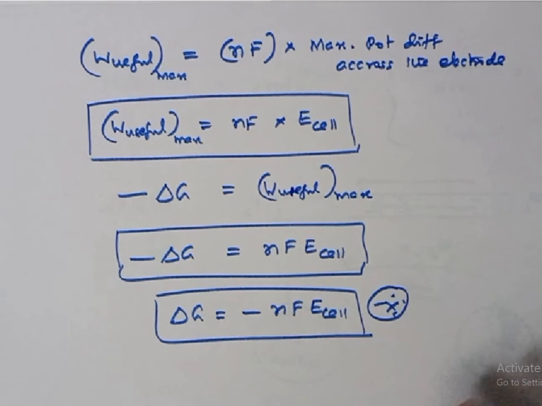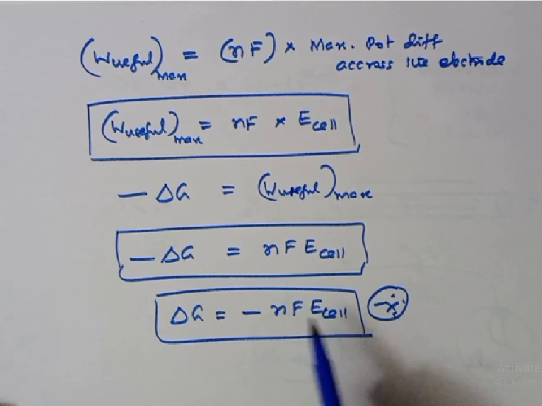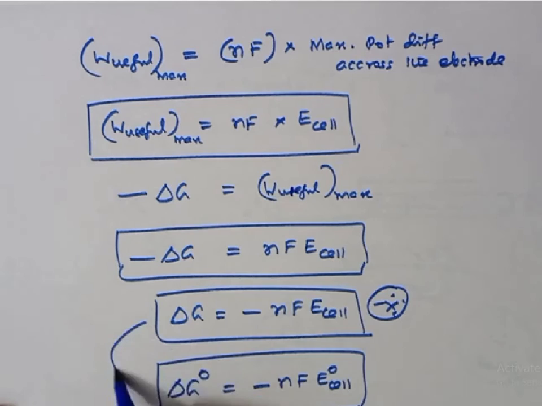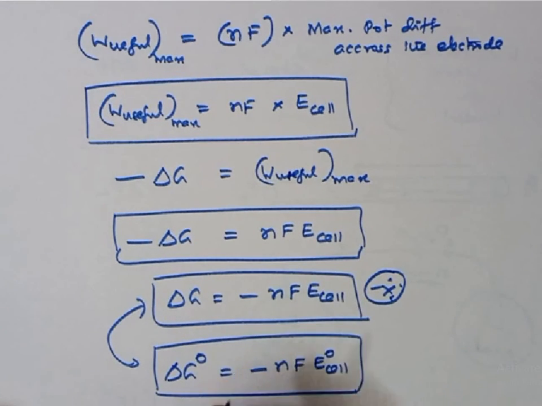Suppose if you maintain standard condition, then E cell becomes E naught cell. Under standard condition, delta G becomes delta G naught. So delta G naught equal to minus nF into E naught cell. You can also write like this. See, these two relations are one and the same. The difference is that here we are maintaining the standard condition, that's all. Remember the two relations.